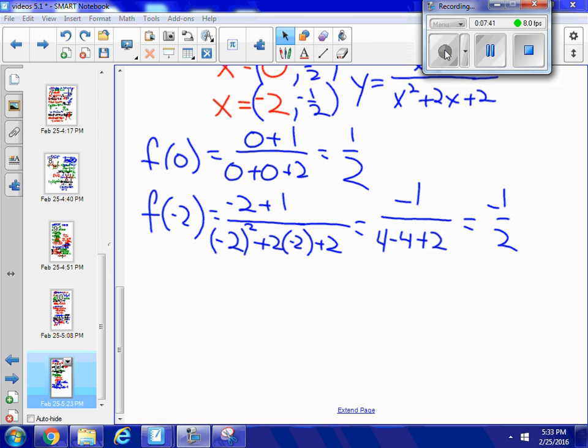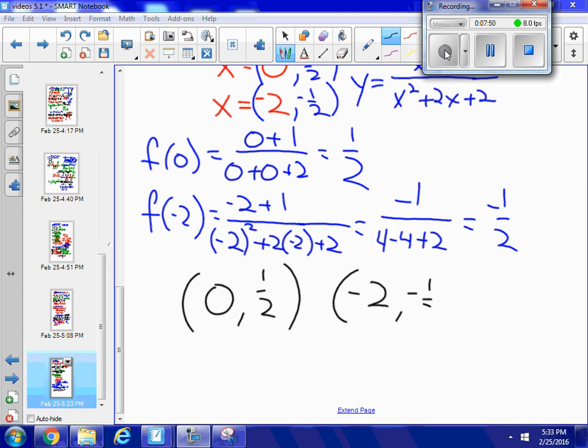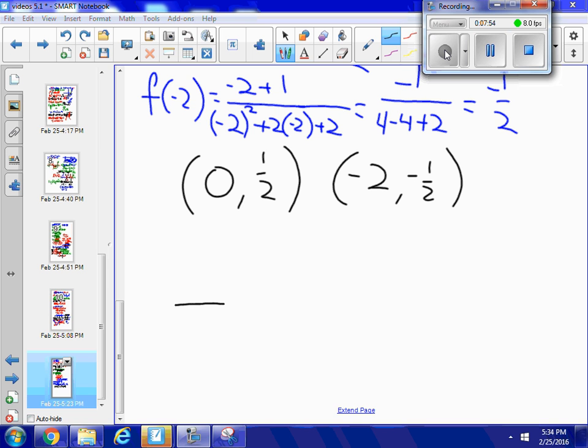Try again. I have the point 0, comma 1/2, and I have the point negative 2, comma negative 1/2. Now what do I know about my graph? I know that my graph has a horizontal asymptote right along the x-axis. So y equals 0 is a horizontal asymptote.